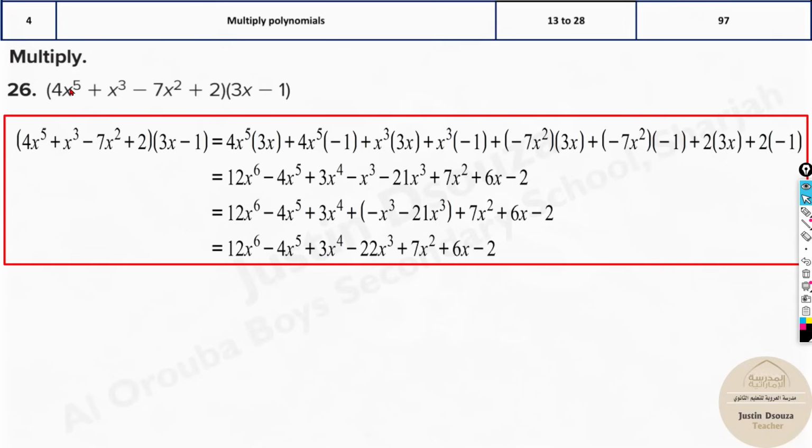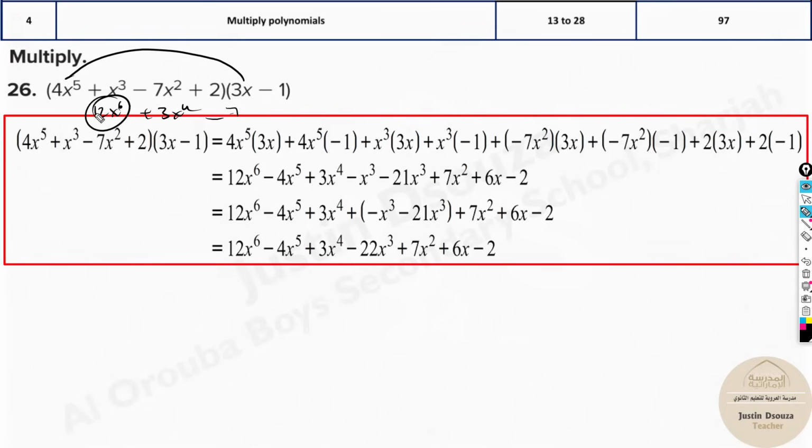Now this one is not that difficult. It's only one variable x. So just multiply. You can see here the highest degree was 5 and we have degree of 1 multiplied to it. So highest degree must be power 6. So what you can do is you can just start multiplying one by one. 3 times 4 is 12 x power 6. Then plus 3x to the power 4. Sorry, 3x to the power 4 minus 7.